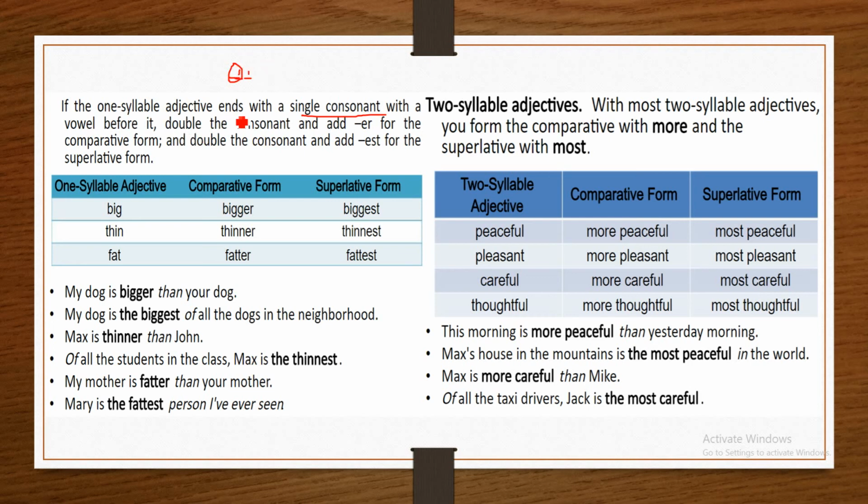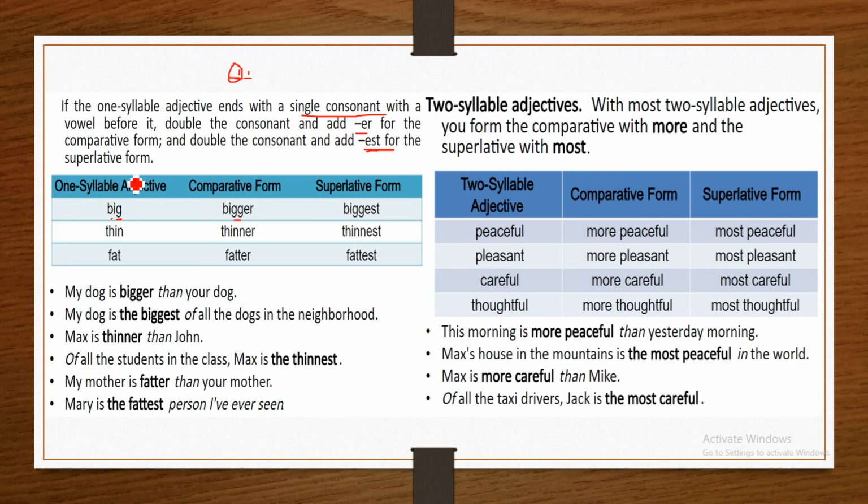If a one-syllable adjective ends with a single consonant with a vowel before it, we have to double the consonant and add er for the comparative form, as we have talked about in the previous lesson, and double the consonant and add est for the superlative form.